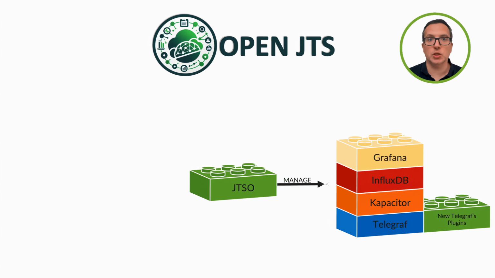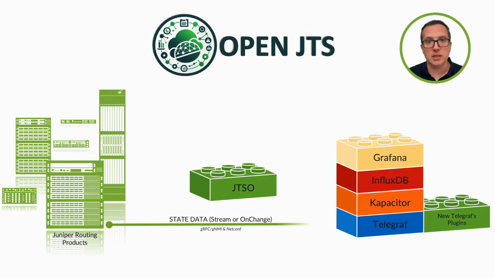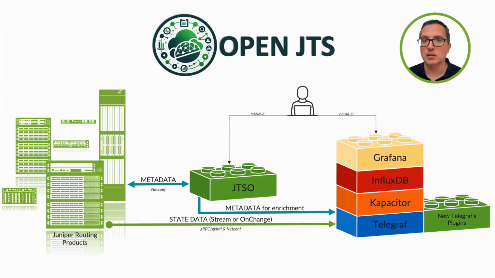JTSO is in charge of configuring all the components of the stack. JTSO also includes its dedicated NETCONF collector for periodically pulling additional metadata for enrichment purposes. As seen, those metadata are re-injected directly into Telegraf via a new dedicated plugin.